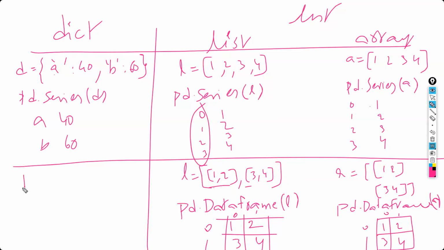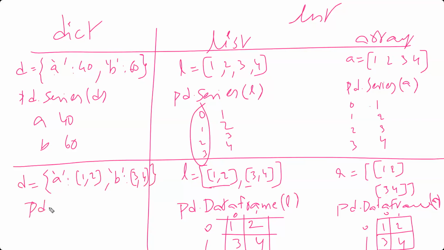Now coming to the same D, A with list of 1, 2, B with list of 3, 4. Now when you are converting this one to a data frame, pd dot DataFrame of D. Are you converting to series or data frame? For the earlier example, it is series.